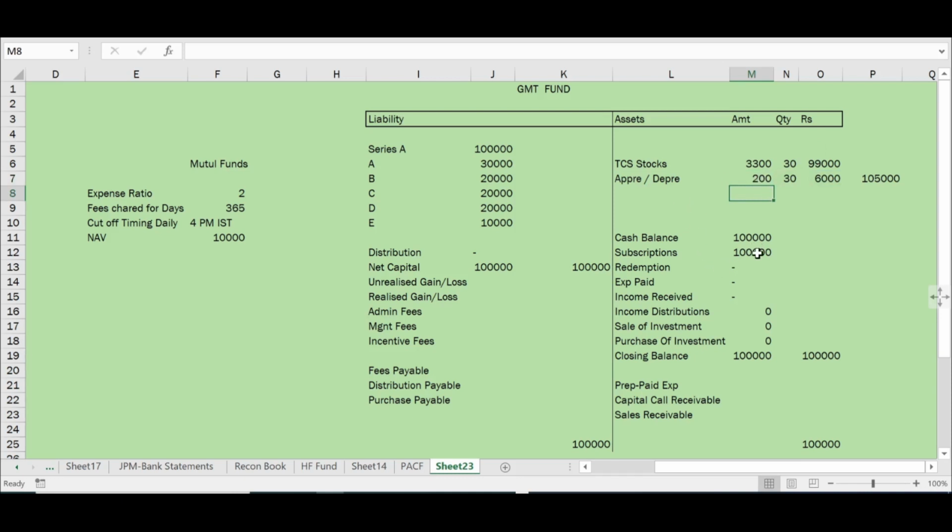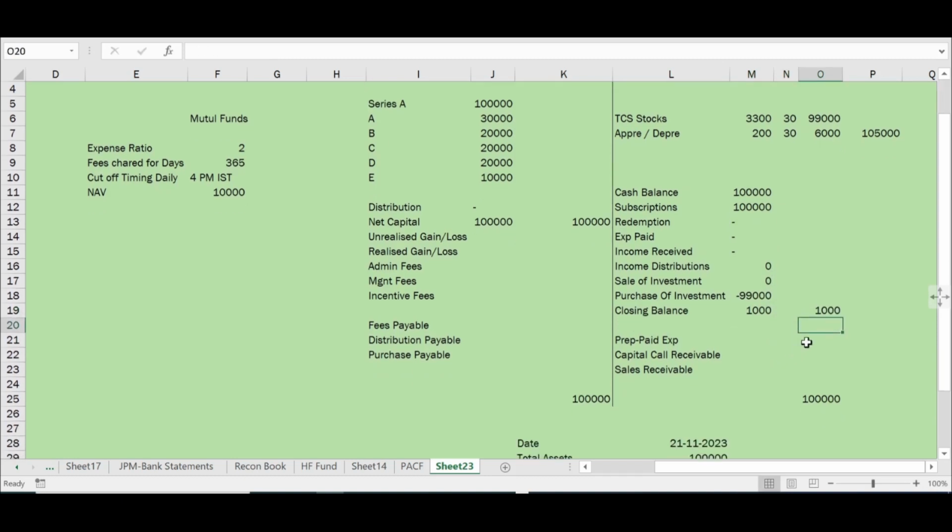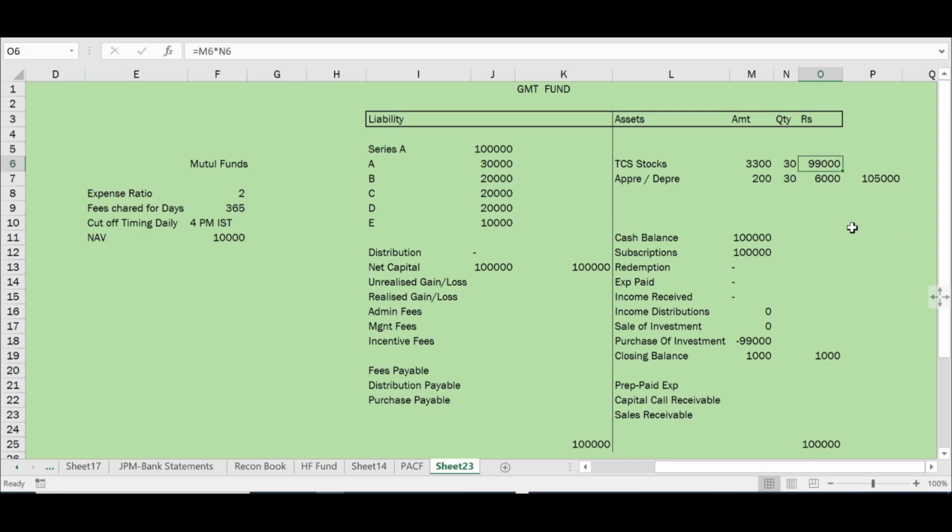Again, I'll quickly update the cash position as well. This is how your statement looks, but post the addition of appreciation, it looks like this.